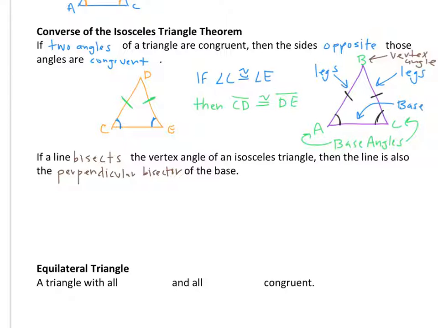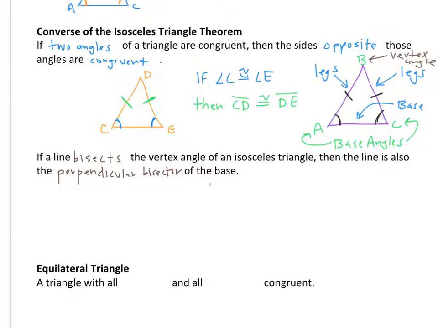Some words there we probably haven't seen in a little while. Bisector, remember if something is bisected, whether it be an angle or a line, that means it is cut exactly in half. And perpendicular, well, if two lines are perpendicular, they form a 90-degree or a right angle.